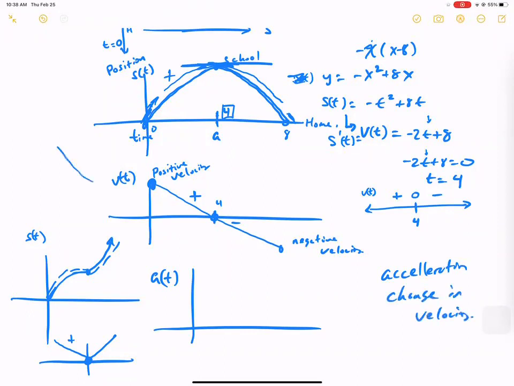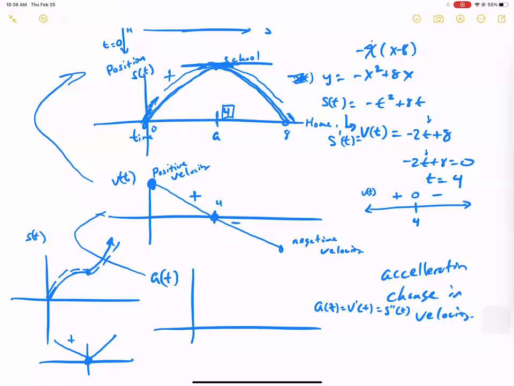So velocity is a change of position, and acceleration is how fast your velocity is changing. And the way we find that is just taking the next derivative. So acceleration is the derivative of velocity, which is the second derivative of position. Okay? Acceleration is the derivative of velocity. What is the change in velocity? Which is the second derivative of position.